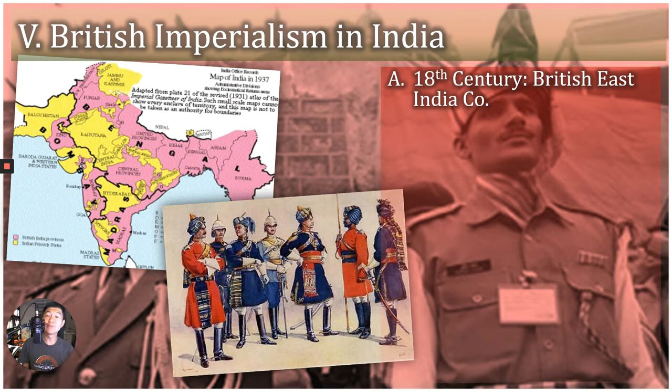Instead, it was by the British, and particularly a British company called the British East India Company, that started to create initially trade outposts in key ports and to make key alliances with some of the princely states and other various groups. Again, India is really divided, it's diverse, and so the British East India Company came in and started making alliances.